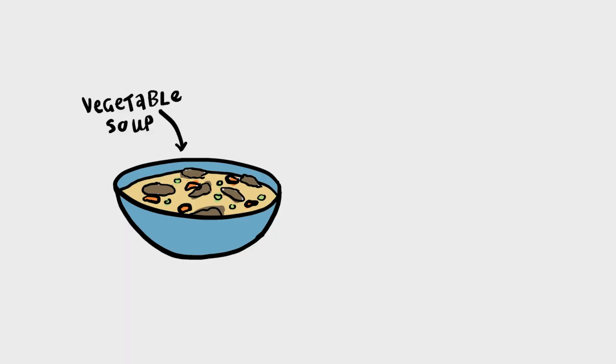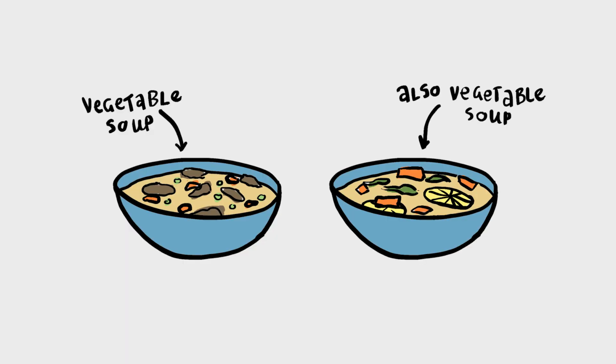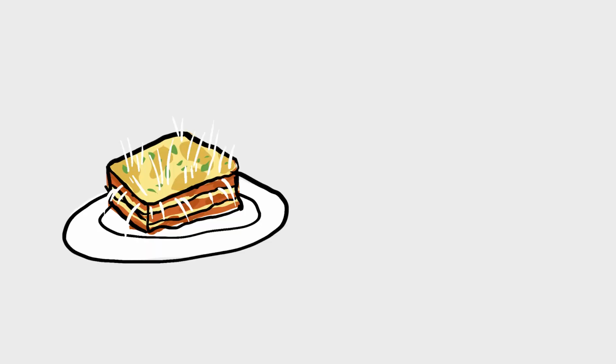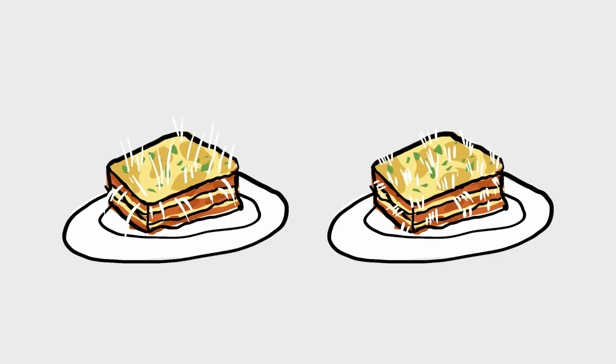Okay, so you know how different people can make the same recipe in different ways? You might like mushrooms in your vegetable soup, but when I make it, I add spinach and lemon slices. Just like there are different versions of a recipe for a specific meal, there are different versions of genes, and these are called alleles. So in our DNA cookbook, we might see a recipe for long hair lasagna and short hair lasagna.